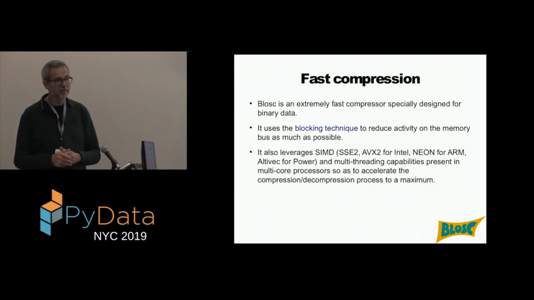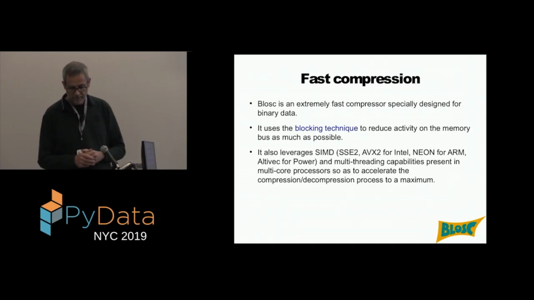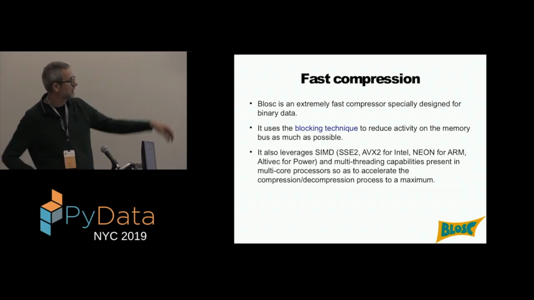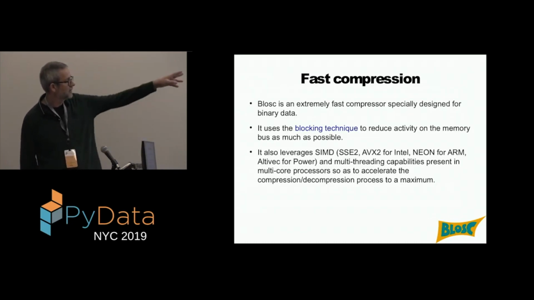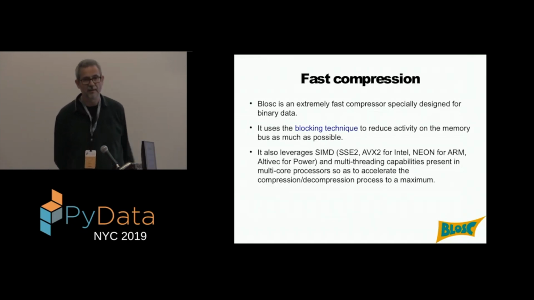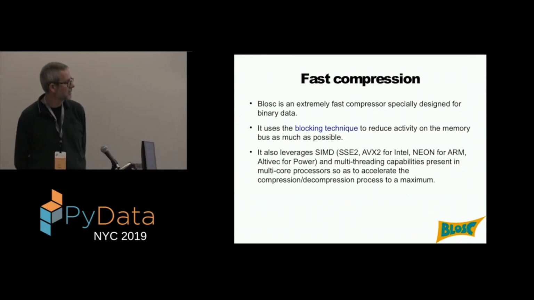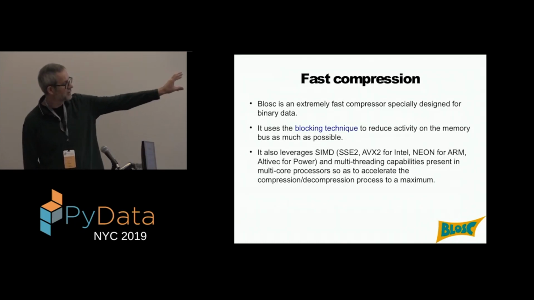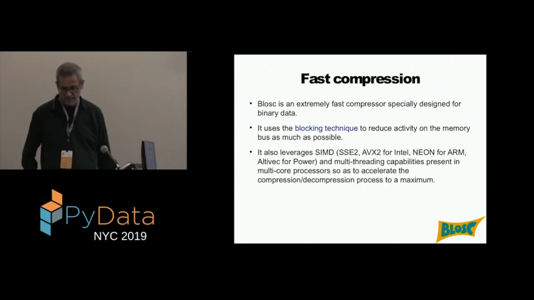The idea is to reduce activity in memory as much as possible, and it achieves performance because it uses single instruction multiple data instructions in different processors like Intel, ARM or Power. All of these optimizations have been done for the next generation of Blosc, called Blosc2, and it also leverages multi-threading in order to take advantage of as many cores as possible. These two things combined make Blosc really fast.